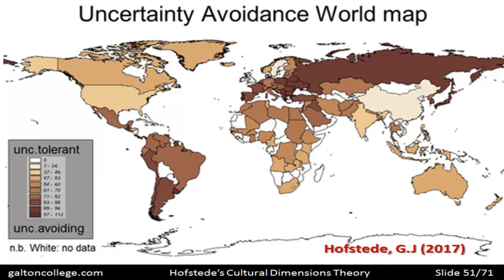For example, France and Spain tend to be much more trying to avoid uncertainty according to this view, whereas the United Kingdom and Ireland and I think Mongolia and a few parts of Africa and a couple of countries in South America tend to be more tolerant, the most tolerant.